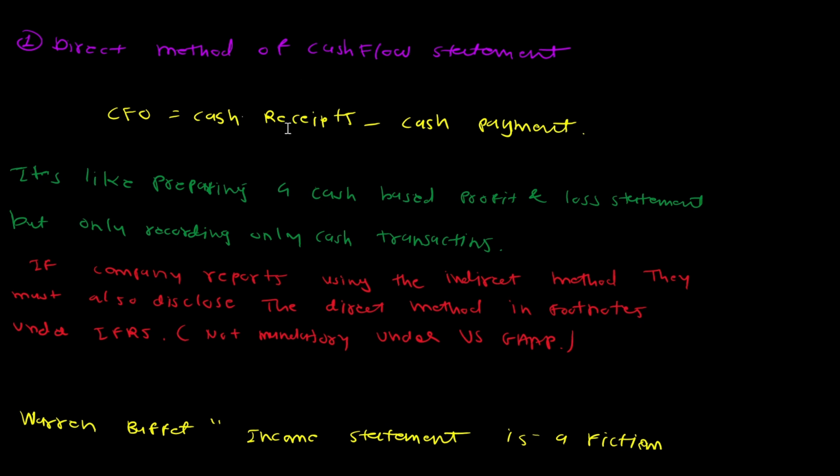What you have received during the year in terms of cash, minus your cash payments to anyone for core operations. That's simplified. It's like preparing a cash-based profit and loss statement, but only recording cash transactions.